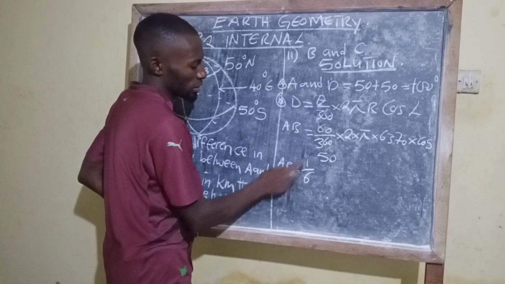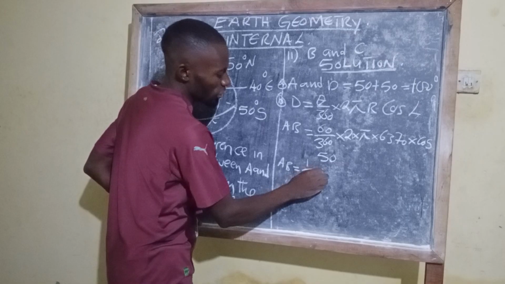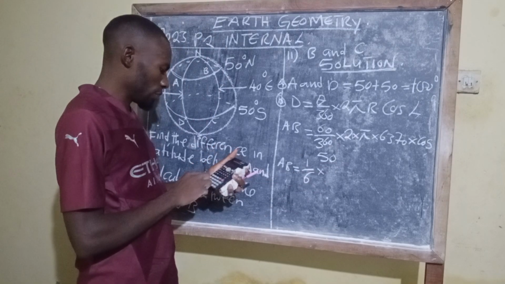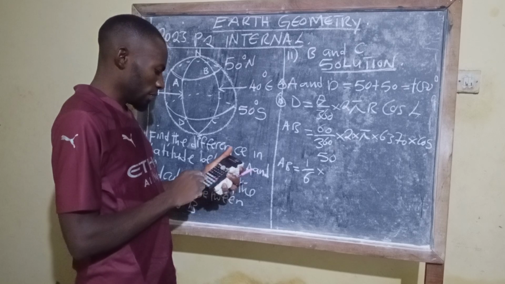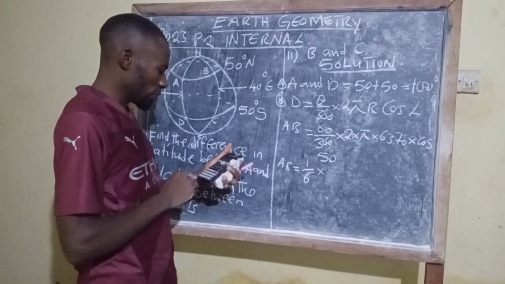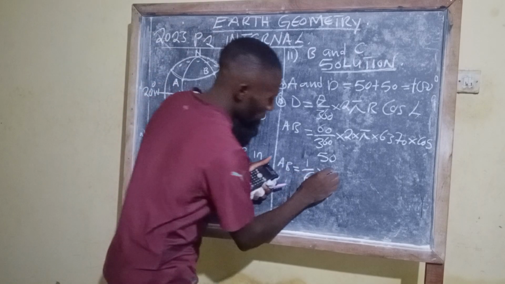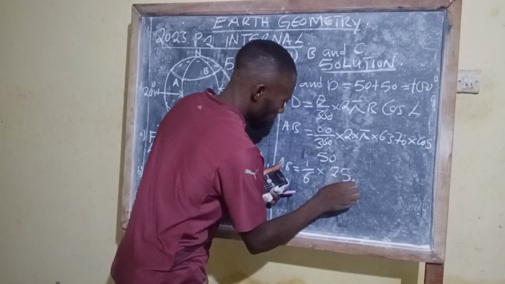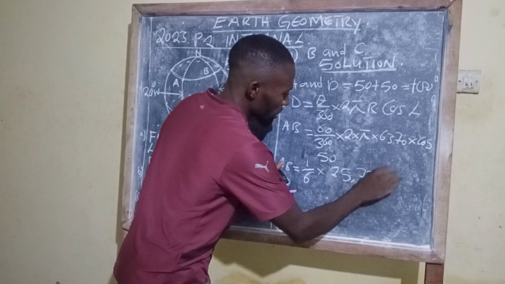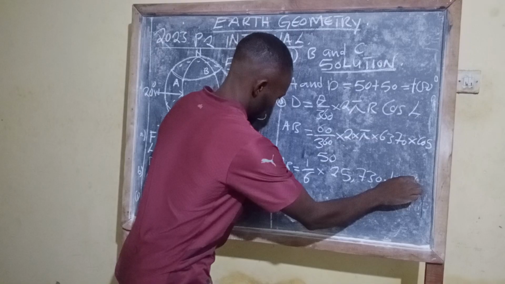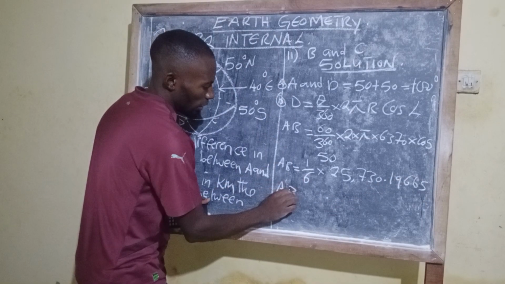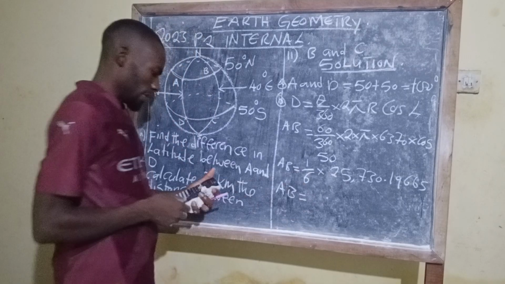Multiplied by 2 times 3.142, which is pi, times 370, then times cos 50. The answer is 25,730.19665.